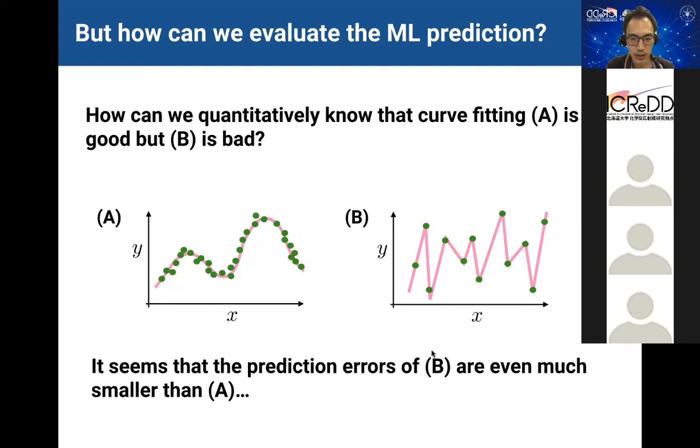So this curve perfectly explains the given data. So prediction performance on the given data is 100% accurate. This one has a little bit of small error here. So in terms of the given data, this also looks very good. But probably you instantly recognize this causes a bad outcome. So how do we detect this kind of difference?